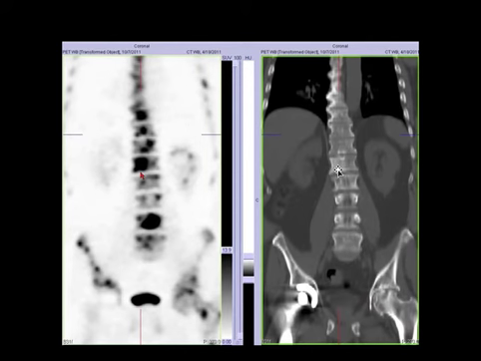So most of the time that's what you're going to find, some morphological abnormality, but don't be surprised if there is no morphological abnormality on the CT, because we know that a lot of times we see these lesions on functional imaging such as a bone scan or sodium fluoride PET-CT earlier than any morphological changes on the CT. So this is showing the correspondence of osteoblastic activity with sclerotic bone metastases.